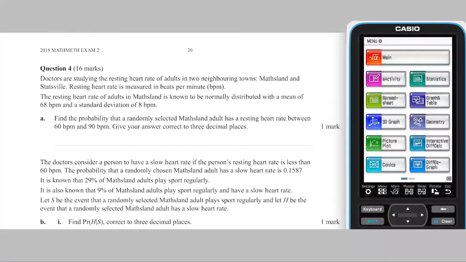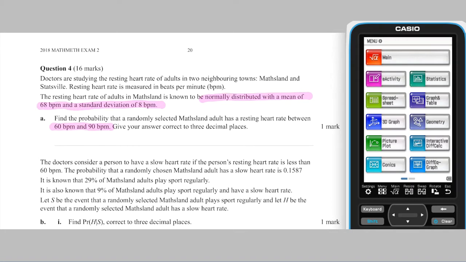Question 4. Part A concerns the resting heart rate of adults in Mathland, which we are told is normally distributed with a mean of 68 beats per minute and a standard deviation of 8 beats per minute. We are asked to calculate the probability that a randomly selected adult has a resting heart rate between 60 and 90 beats per minute.